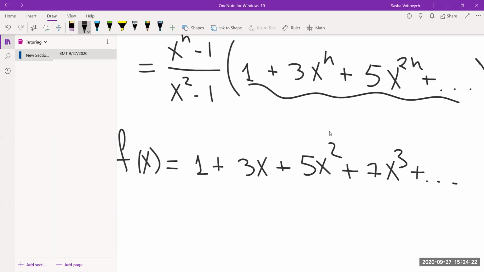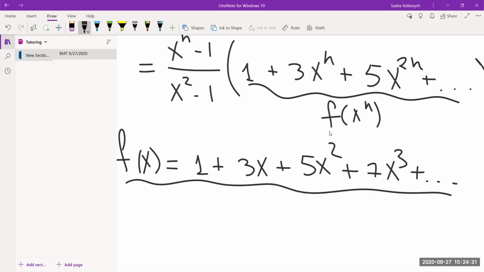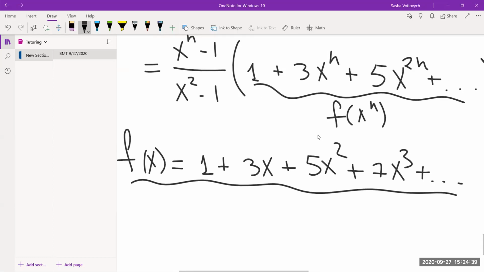So this is just f of x to the power of n. So first we will figure out what this equals to, and then we will plug in x to the power of n instead of x, and this will be the value that we're looking for.